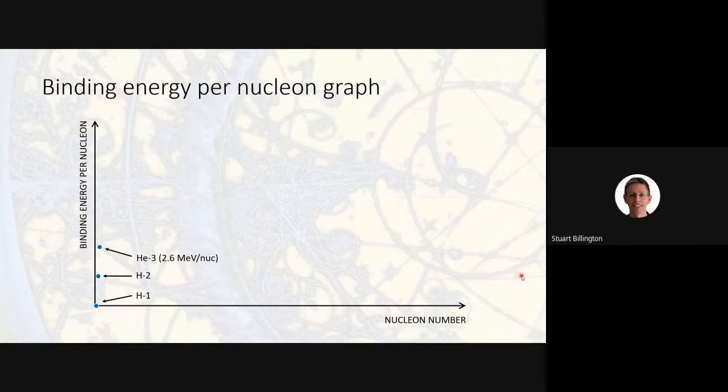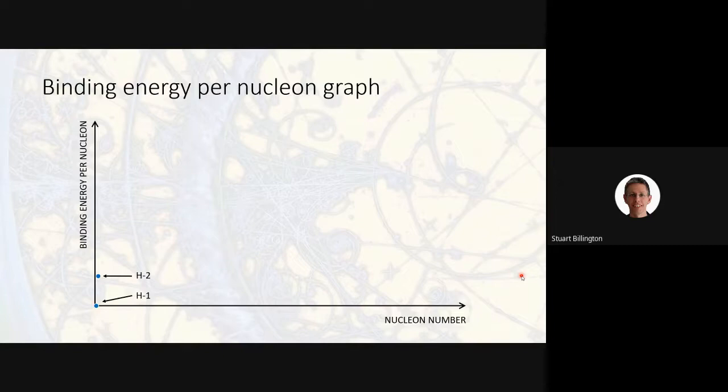So although the axis says binding energy per nucleon, you can think of the axis as saying the word stability if you want to. As we go higher and higher up this axis, the nucleons are more tightly bound and the nucleus is more stable, more likely to last for a longer time, less likely to break apart in any processes like radioactive decay or nuclear fission, which we will come to.